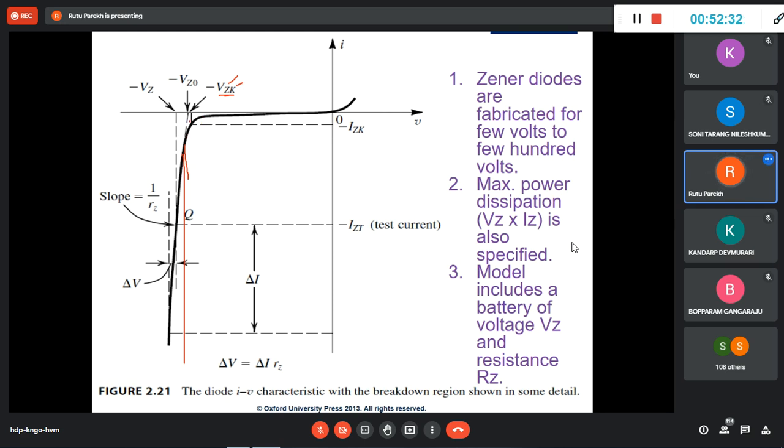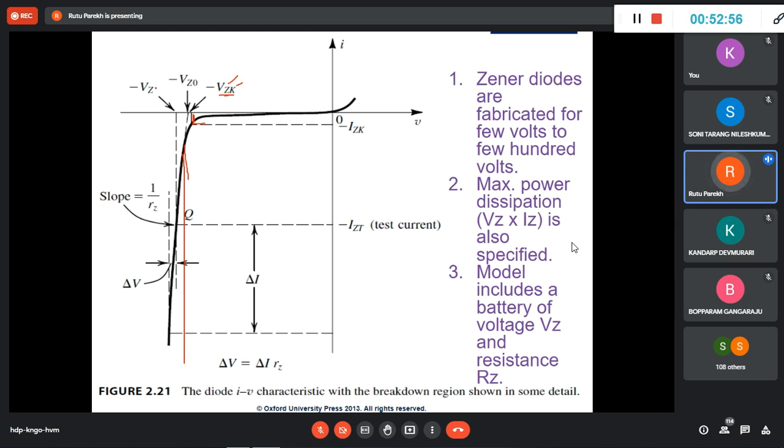That knee shape. So at this point, there is a rise in the current, and this is known as the Zener knee voltage, right? After that point, the current will rise steeply.